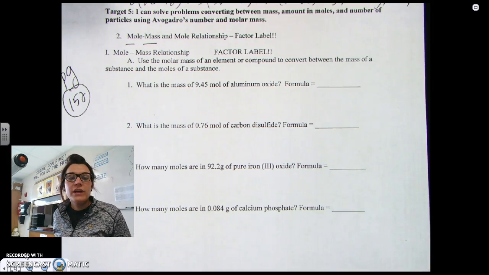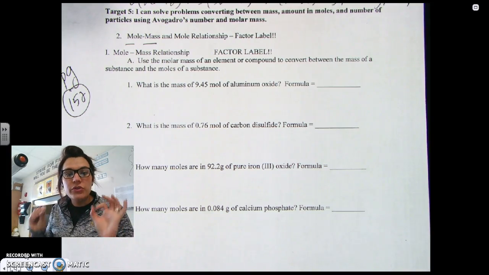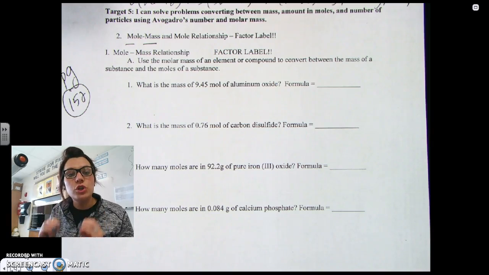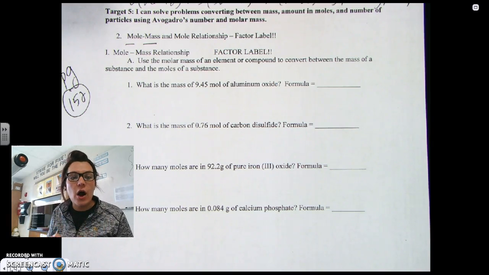And what I'm doing is I'm conditioning you to realize that every time you hear the word grams, you think periodic table, because that's where you need to look to figure out your mass conversion in your factor labeling problem.